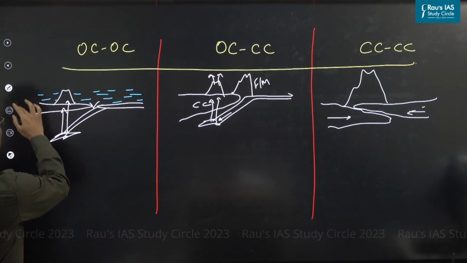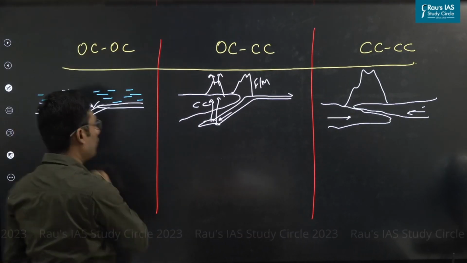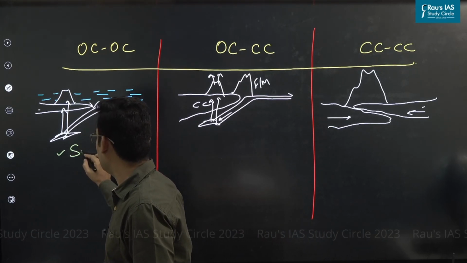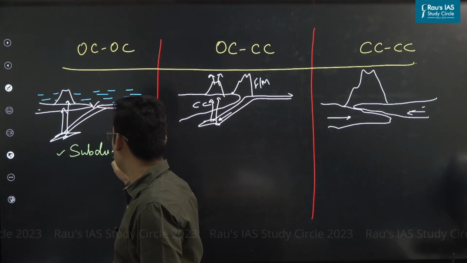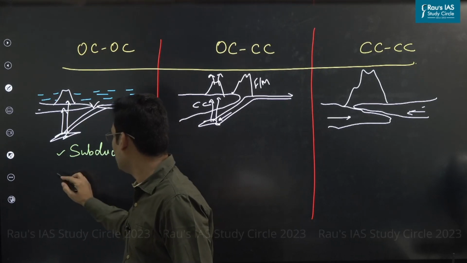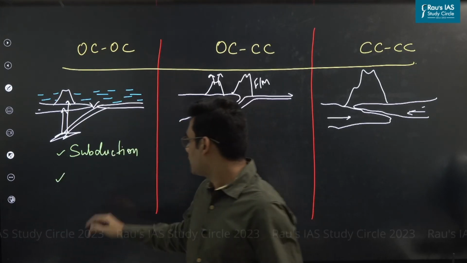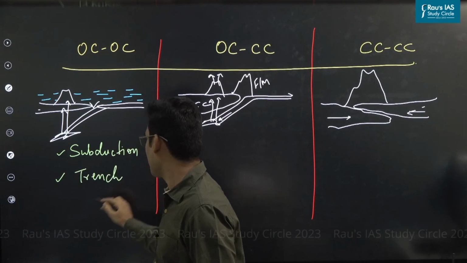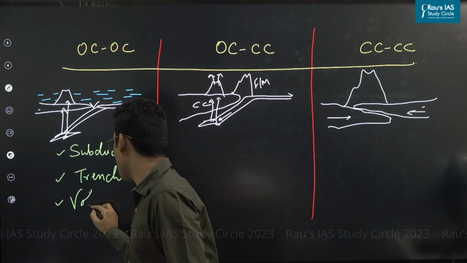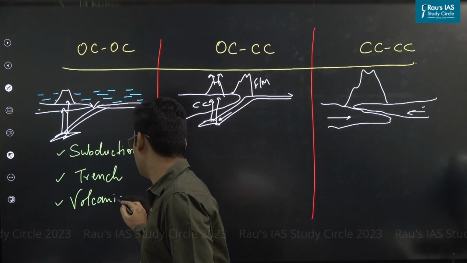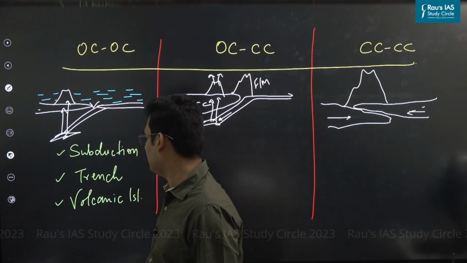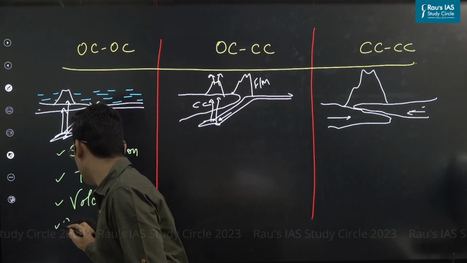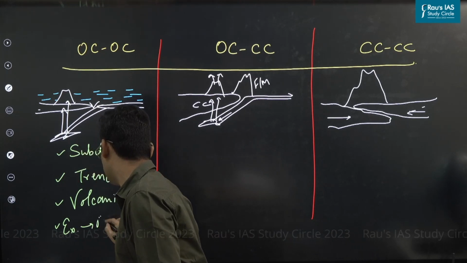And along with that, the basic features, if I have to write over here, with respect to OC-OC, the first thing we are going to write is subduction. The second aspect is the formation of trench over here. Along with that, volcanic island formation.